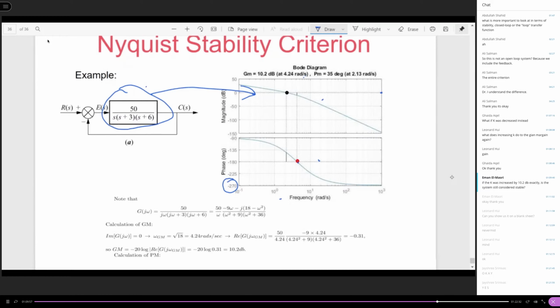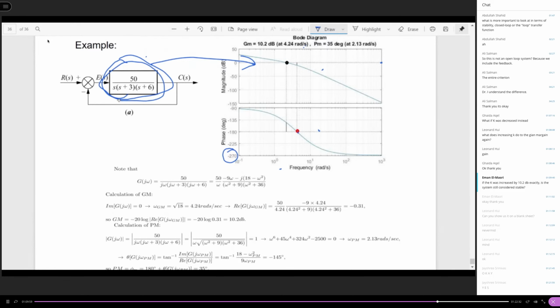So this is a graphical way. But if you have the expression of the open-loop system, you actually have a numerical way to calculate it. They are consistent.